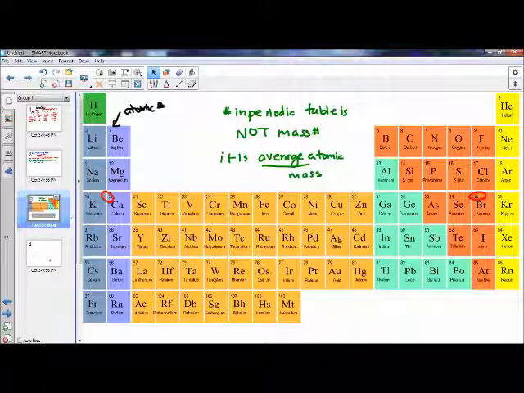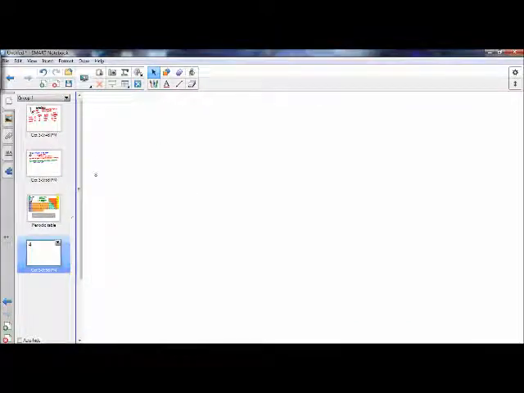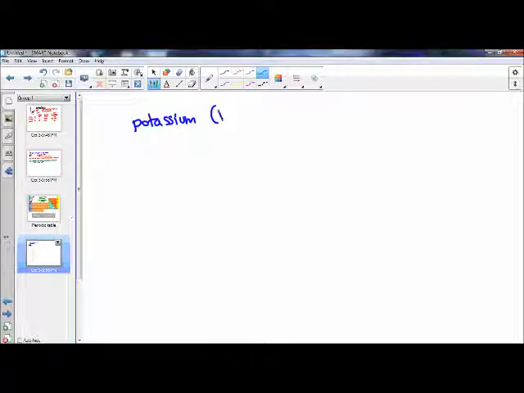Okay, let's go back to some of our examples here really quickly. You will be asked, for example, if you have an element, potassium is K, with a mass number of 40, how many protons, how many electrons, how many neutrons, and what's the atomic number.